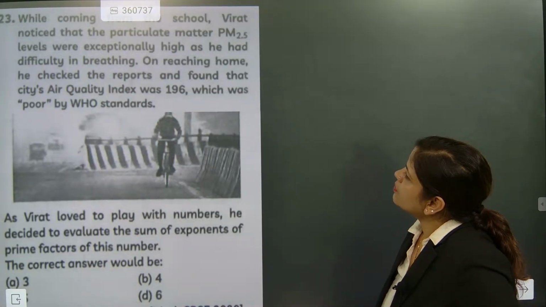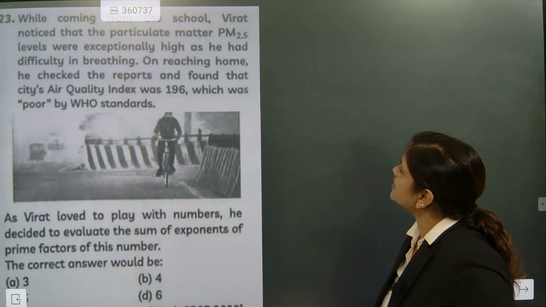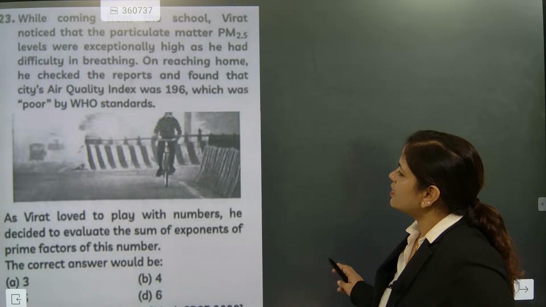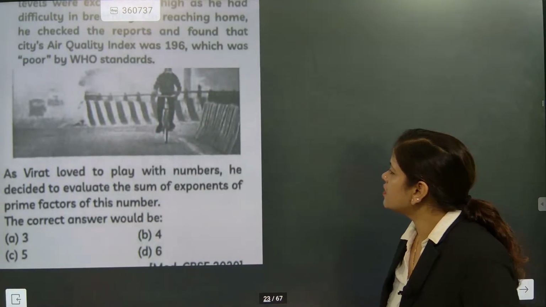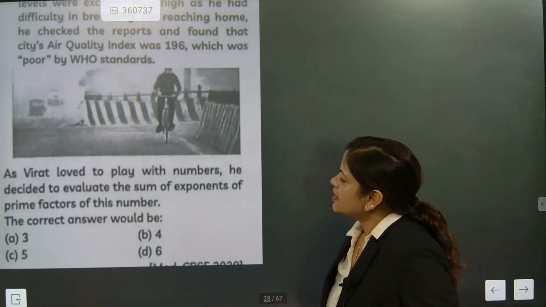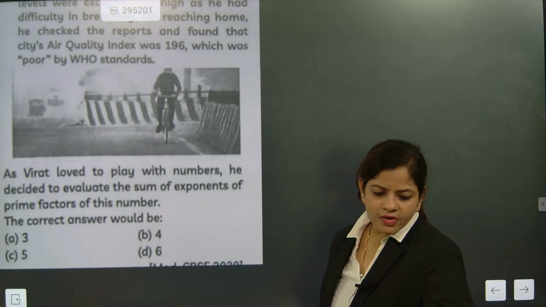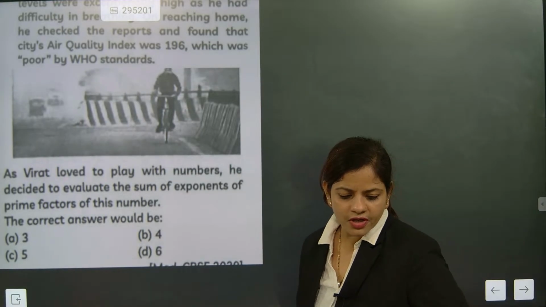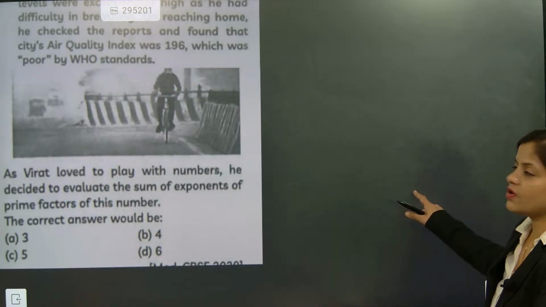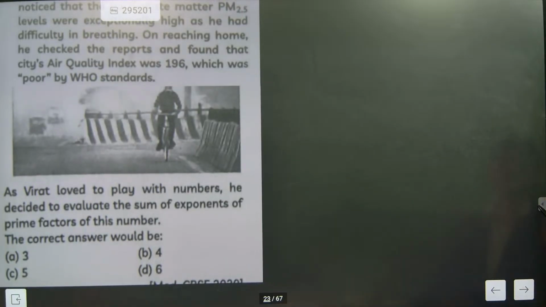On reaching home, he checked the report and found that the city's air quality index was 196, which was poor by the World Health Organization. As Virat loved to play with numbers, he decided to evaluate the sum of exponents of prime factors of this number. What will be the sum of prime factors of this number? See, 196 is there.